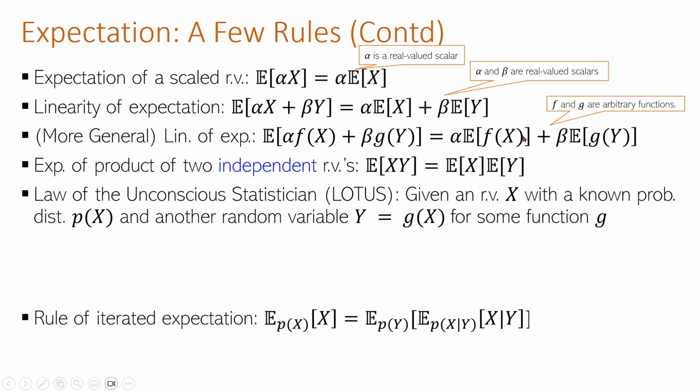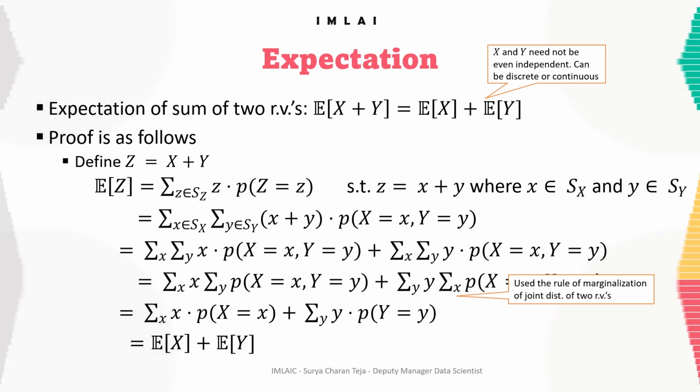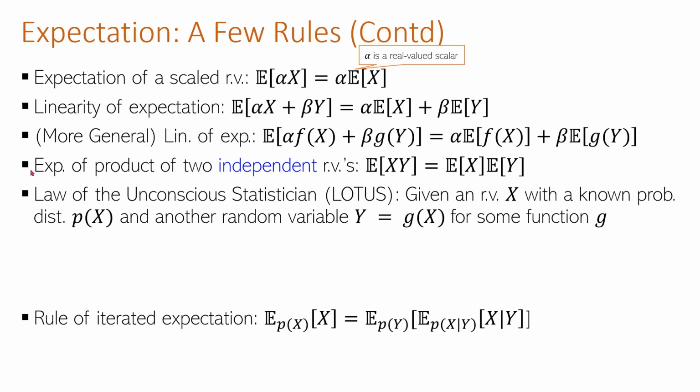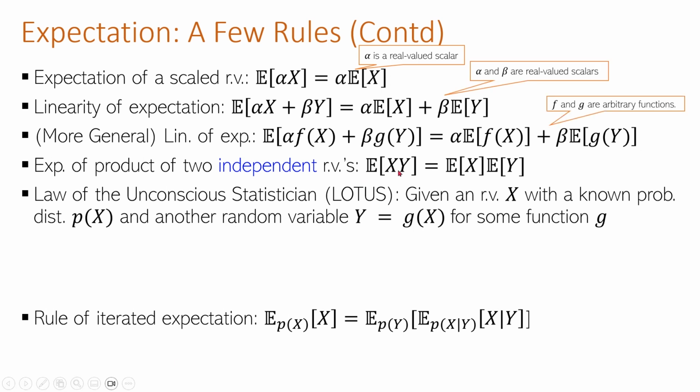Then the expectation of the product of two independent random variables, but this time independence versus dependence matters. The expectation of the product of two independent random variables, E of xy, is equal to E of x times E of y.